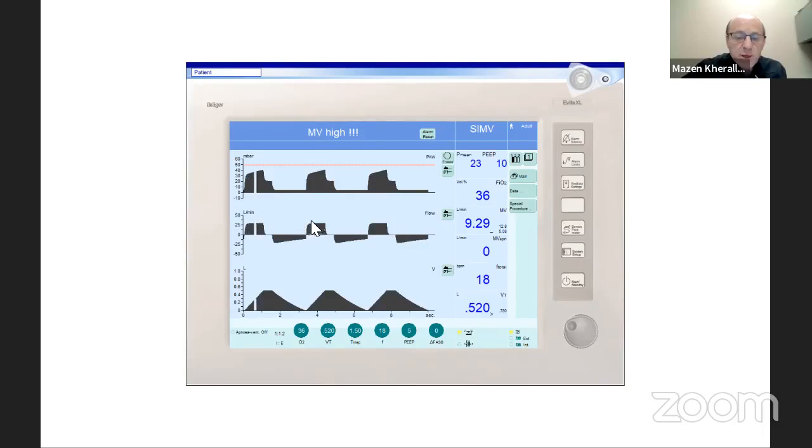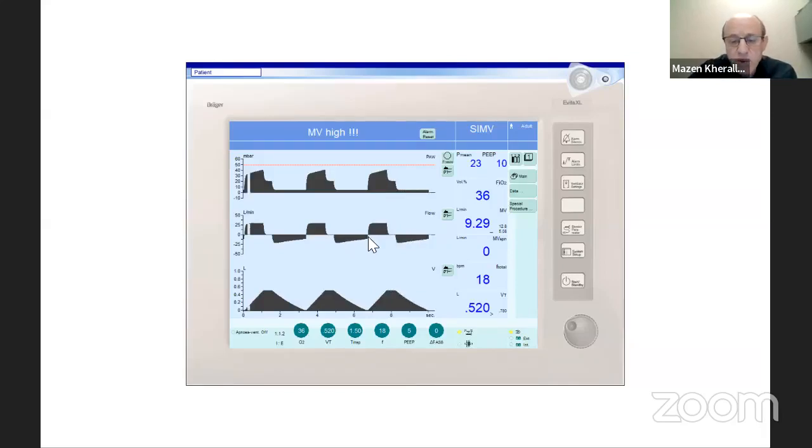And if you take a look at the area under the curve, and if you can actually calculate this, the area under the curve here in inspiration is higher than the area under the curve in expiration. Of course, this is just visual, you can estimate it.